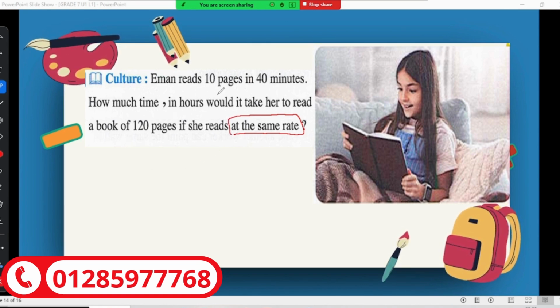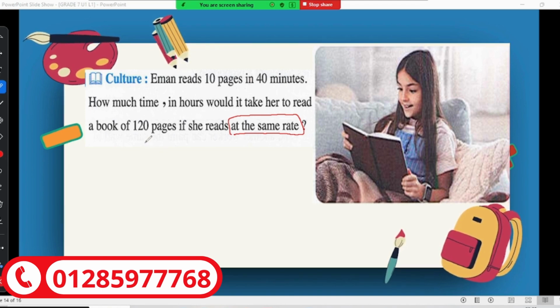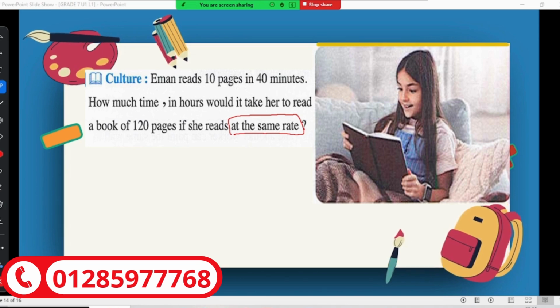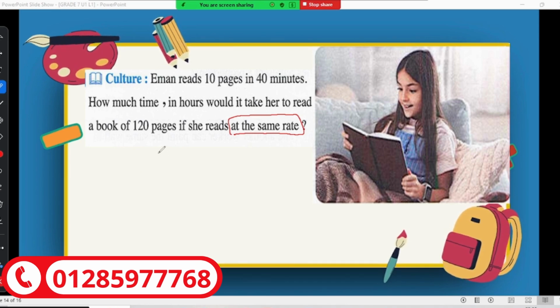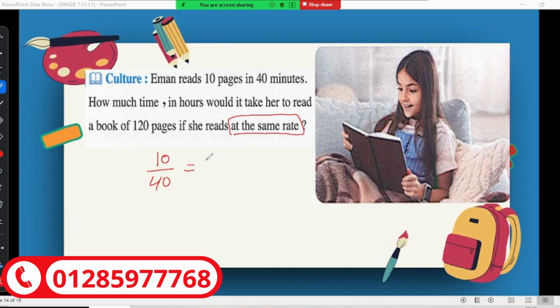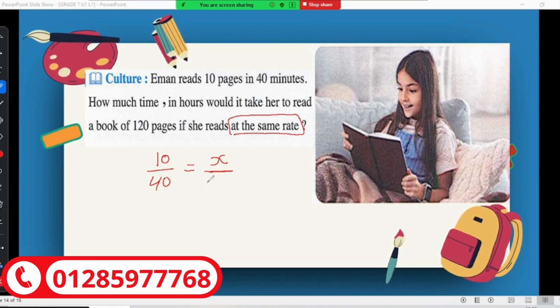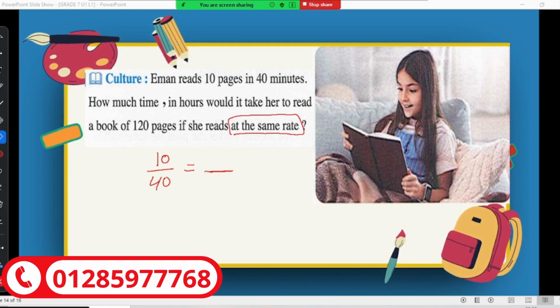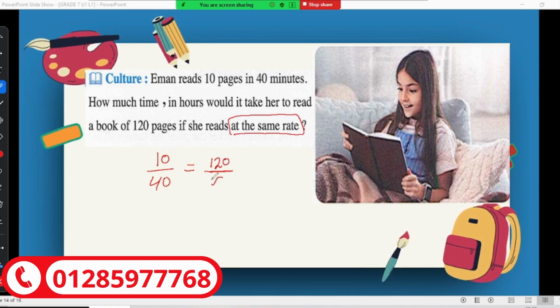How can we represent this problem in given and required? At first we have 10 pages in 40 minutes. First ratio, 10 pages to 40 minutes, 10 to 40. And the second ratio, number of pages 120 and time x.